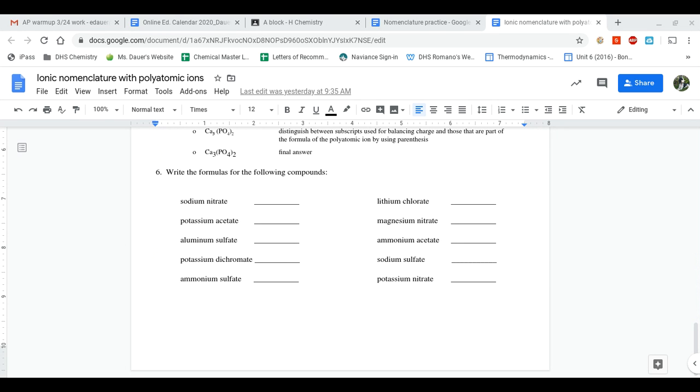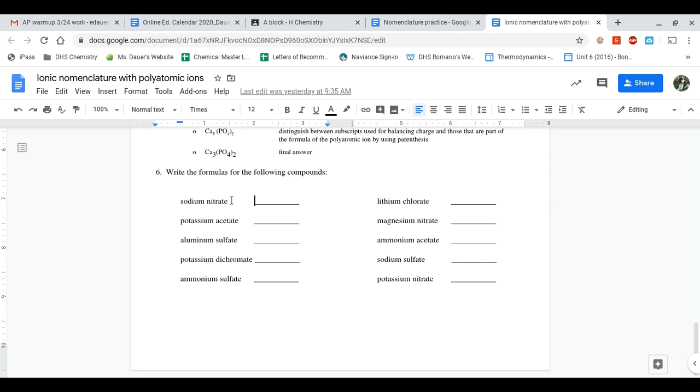The process that I like to do is to write the ions above or nearby the name of whatever I'm looking at. So if you're looking at my image, you'll notice, and I think I use red and purple, that for sodium, I write Na+ right above it. And for nitrate, I write NO3- right above it.